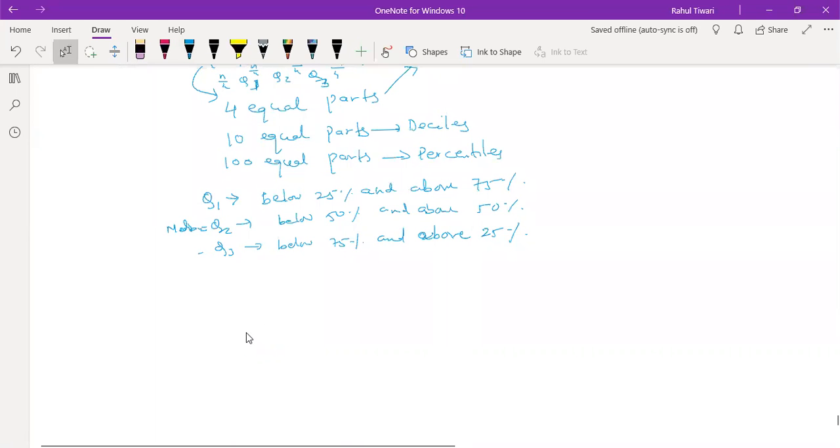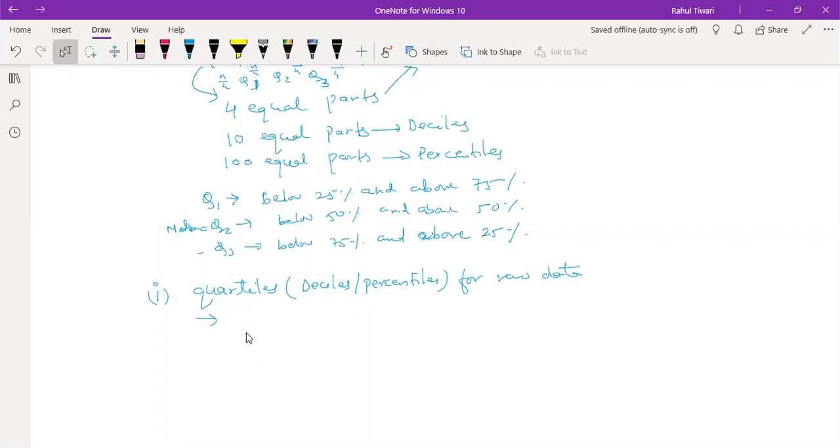We'll consider a few cases, quartiles for raw data. Considering quartiles means I'm also considering deciles as well as percentiles. The definition will be the same. You have to put the data in increasing order first, which is very important.